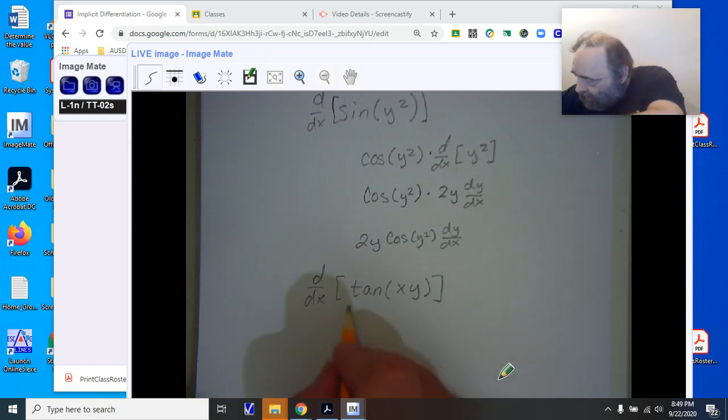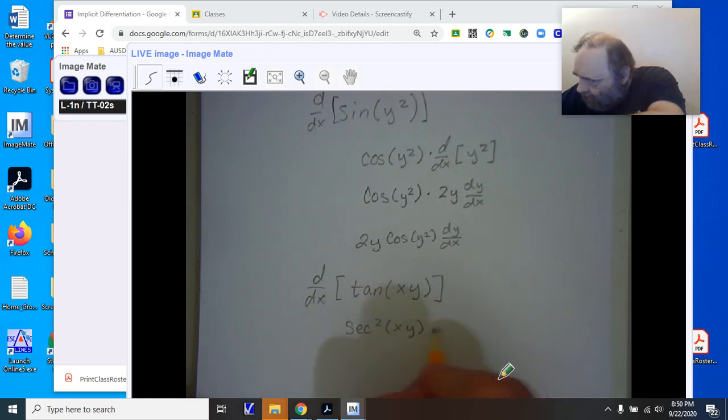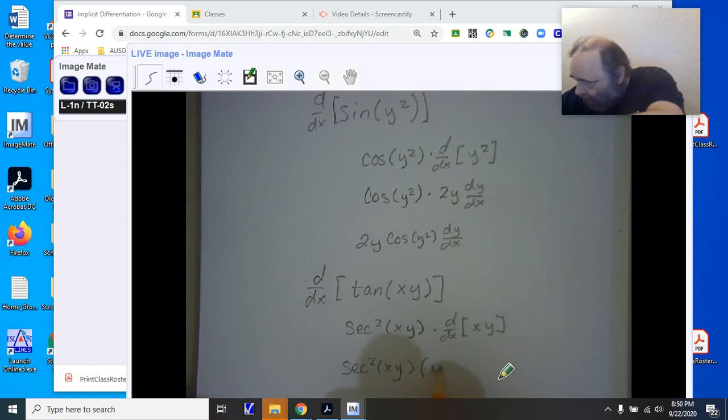So we're going to start with the inside here, secant squared xy, and then we're going to have our derivative dx of xy. Now this is where we have our product rule. So we have secant squared xy times y plus x dy dx.